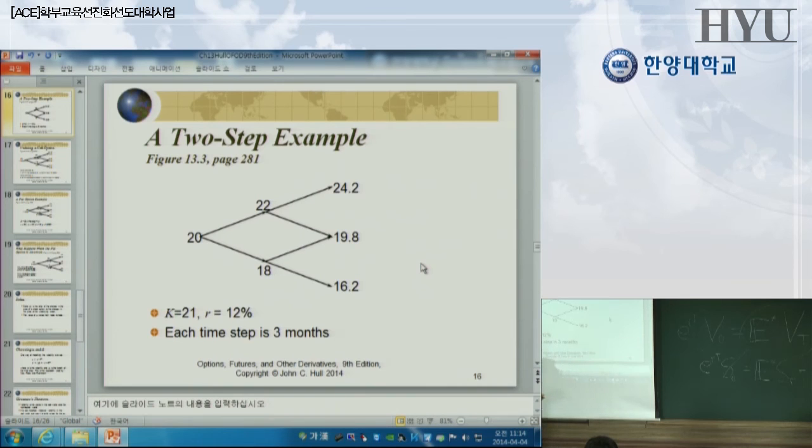The idea is that however many possibilities we have, we draw a tree like this. We know how to do the derivative pricing for this part, right? So we just repeat this analysis. In this case, we have an analysis for this part and this part, and we can simply repeat that calculation 3 times.